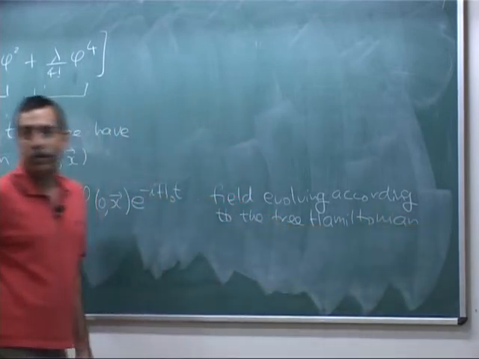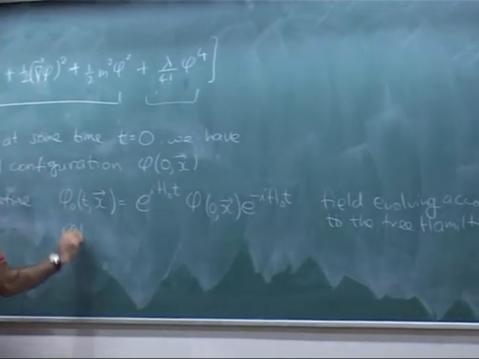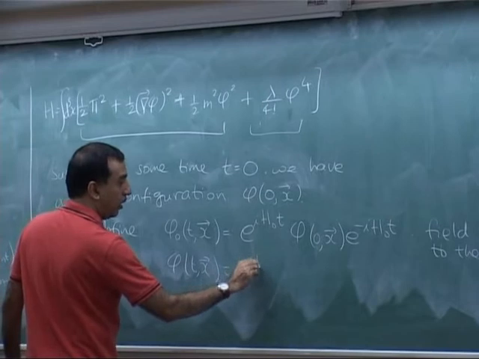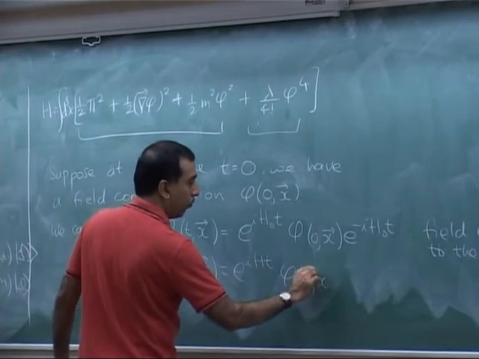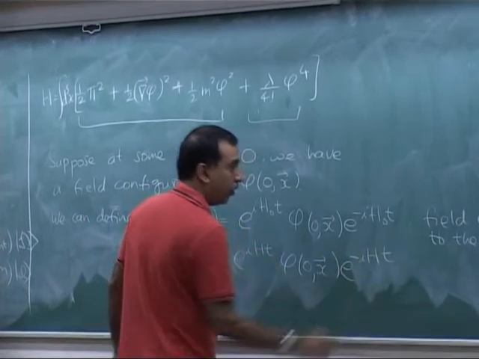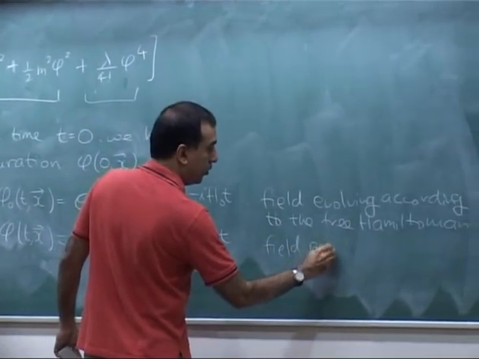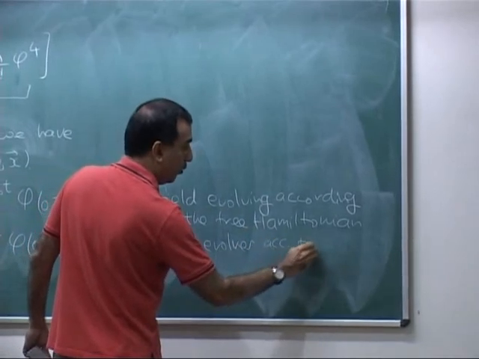We wrote down an expression for this field yesterday, but we can also define phi of t and x, which is e to the i times the full Hamiltonian, so this is the field that evolves according to the full Hamiltonian.